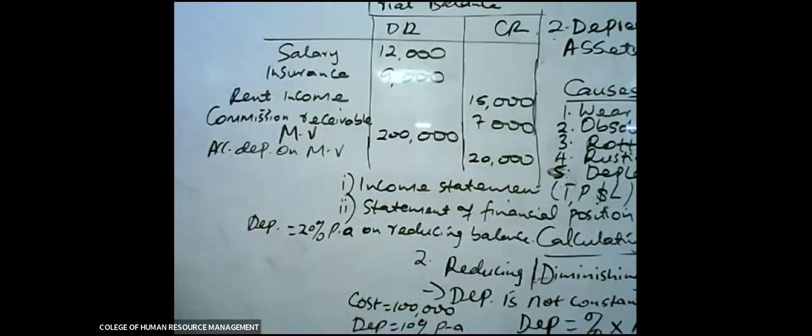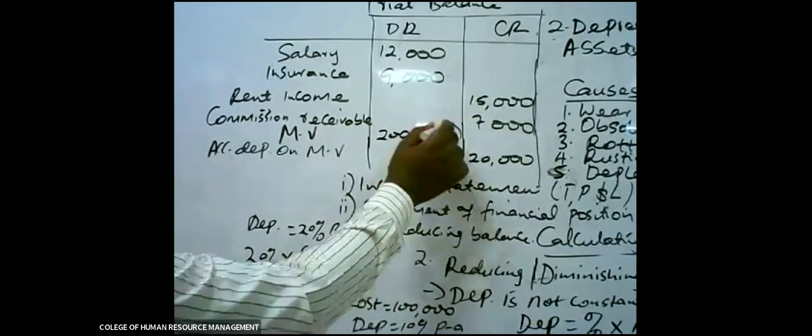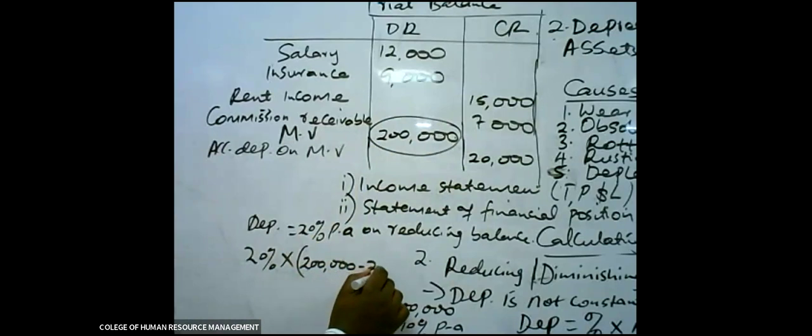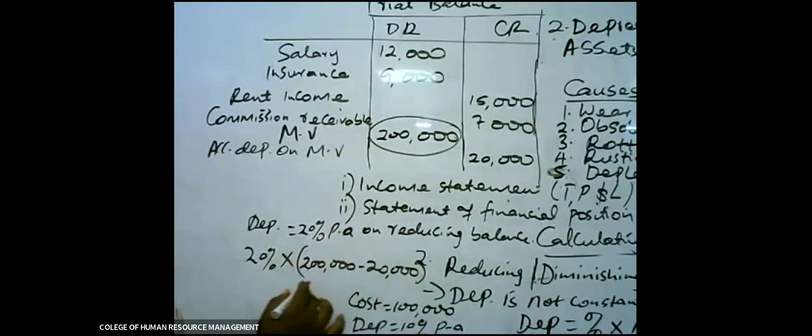So for you to get the depreciation amount for this year, you take 20% and multiply by the net book value. The net book value in this case, we have said, is cost minus accumulated depreciation. You use 200,000 minus 20,000. You get 20% times 180,000. And then you find that this will be a figure of about 36,000.